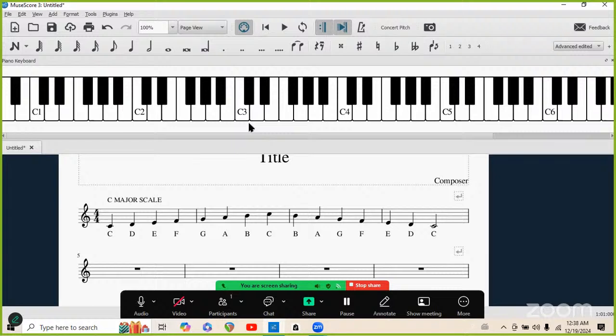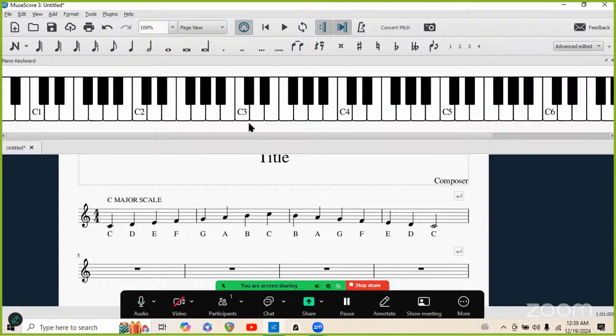Now, the triad means you're playing 3 notes together, just like the word triangle, a shape that has 3 sides, a tricycle, something that you ride that has 3 wheels. A triad in music is a chord that has 3 notes.